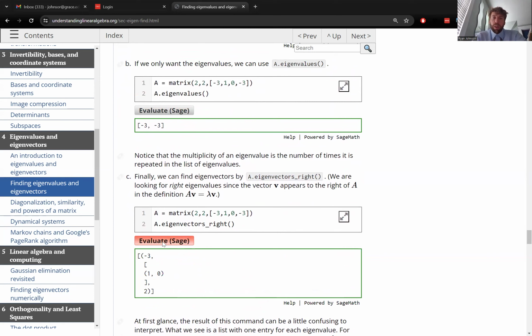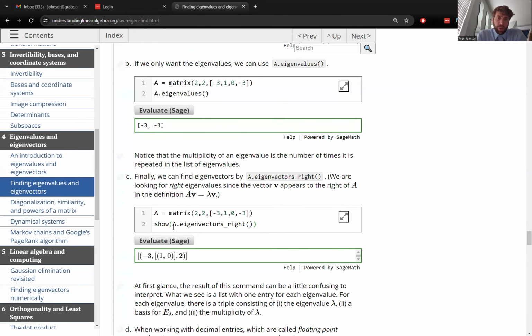Then I can always get the eigenvectors. This is not as nice of a display, but I could use show. When you show a list in Python, a star in front of a list sometimes means open up the list.